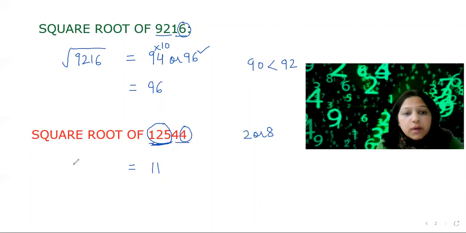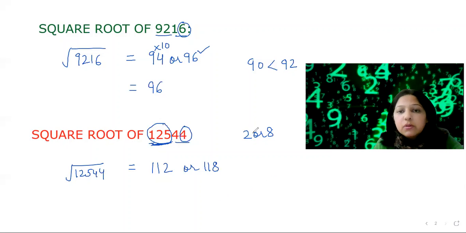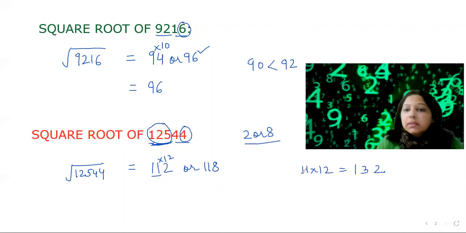So the square root of 12544 can be 112 or it can be 108. So we will apply the same trick to find out the correct number. Multiply this 11 with the next number, 11 into 12, which is 132. This you can also do with the help of Vedic maths: whenever you have to multiply any number by 11, you just take the first and the last digit as they are, and the middle number is the sum of the two digits.